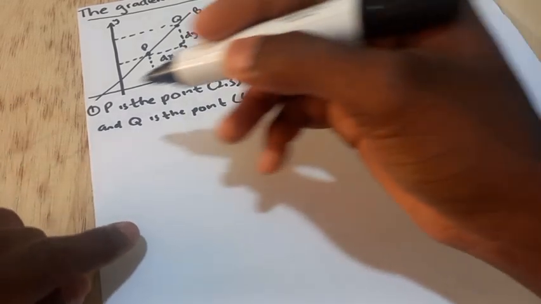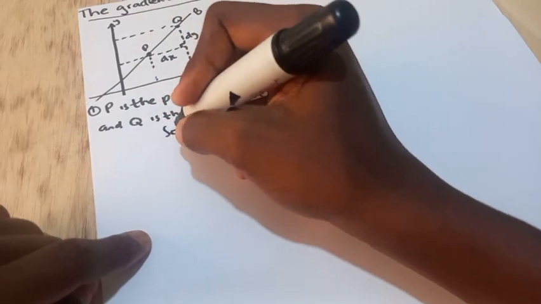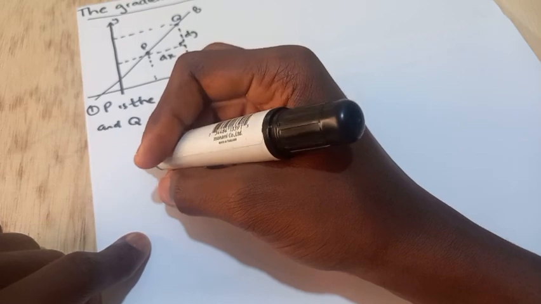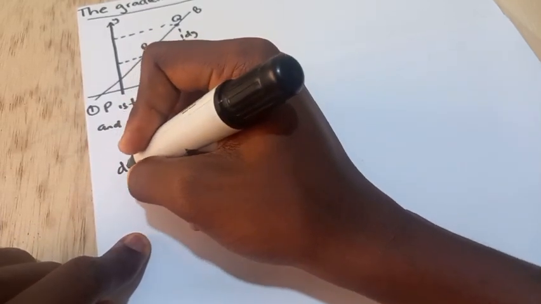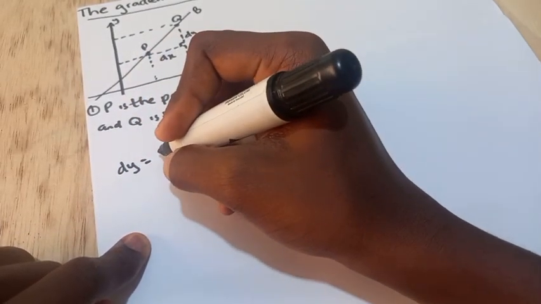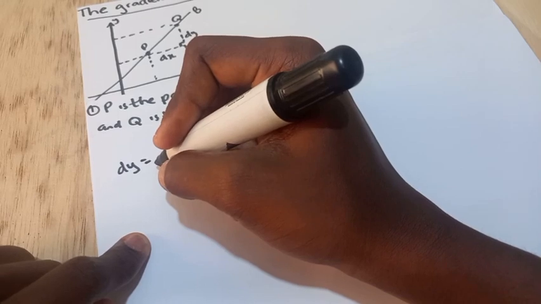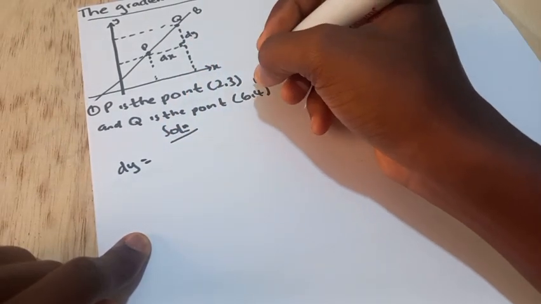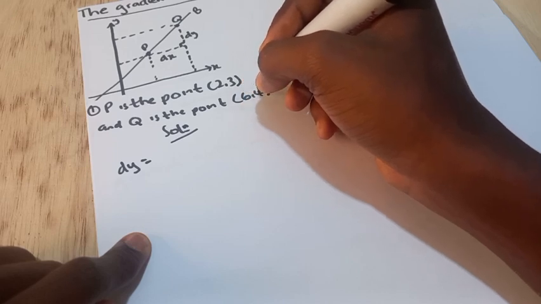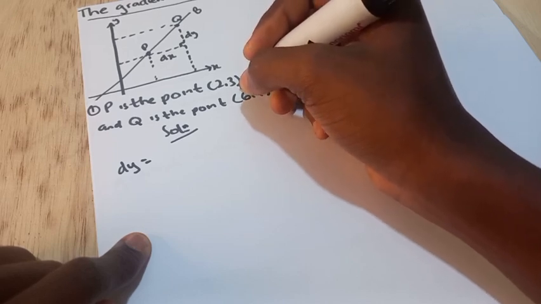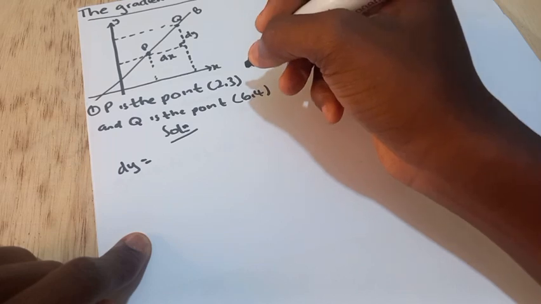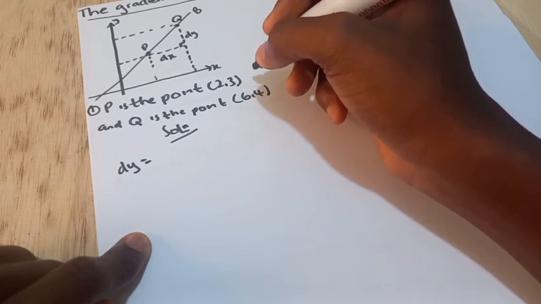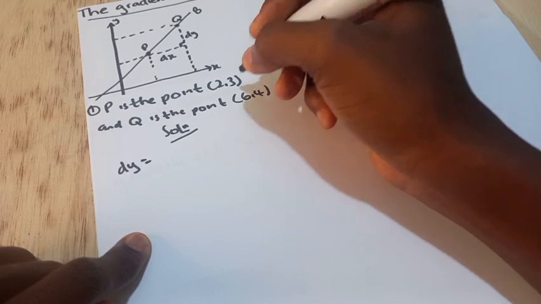In this case, with the solution, we have the dy to be equal to the change in the y-axis, that is the numbers with the y-axis. Are you getting it? So then let's start with the Q and the P, because to explain, P is left and below the point Q. So we're using the Q first.